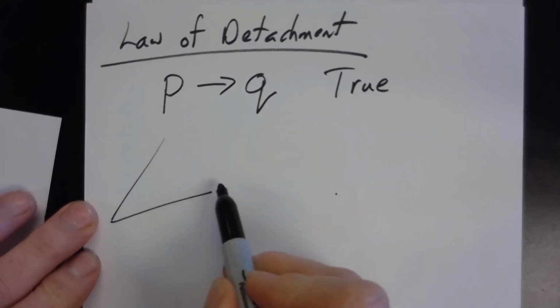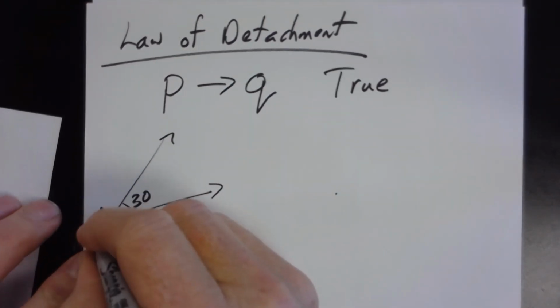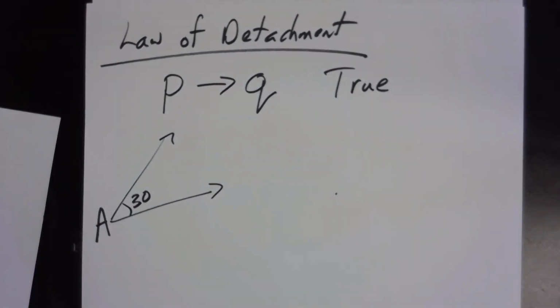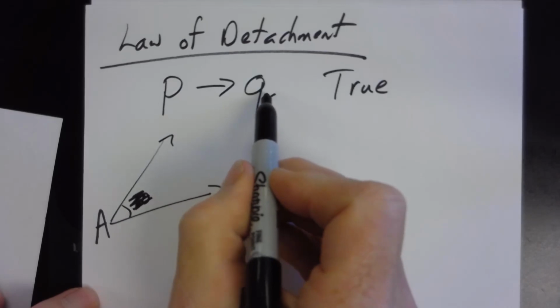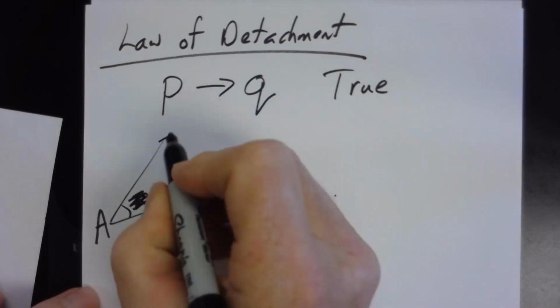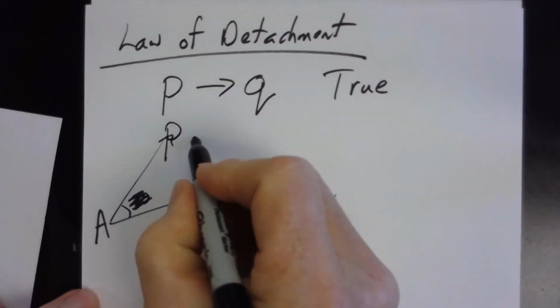Here's this angle right here. Angle A is an acute angle, what can we then conclude? I didn't even need to measure that, did I? Its measure is between 0 and 90. So if this statement, if P leads to Q, is true, and P is true, that's an acute angle, then Q is true.